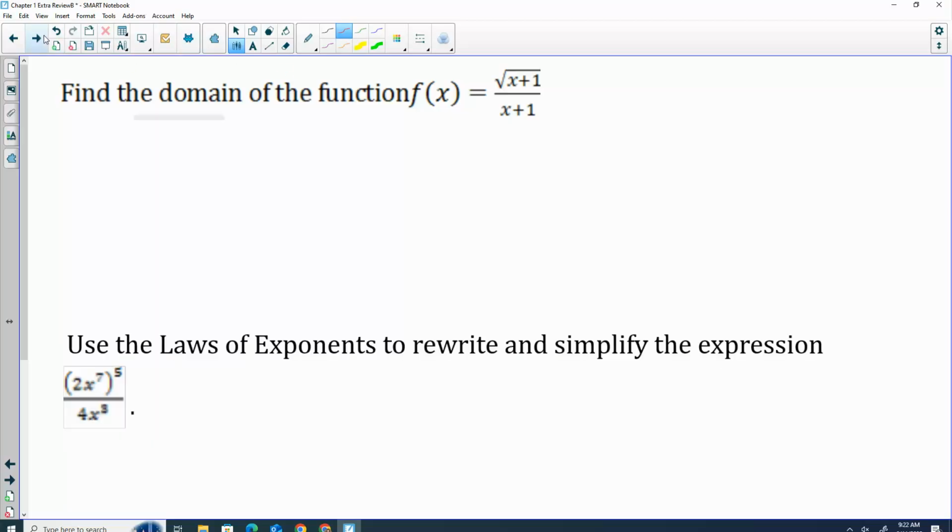All right, domains. We know we have two things going on here today. We have a fraction and we have a radical. So we have to take both into consideration. We know that in a fraction, what can't happen? So I know x can't be -1. If you have a square root, what has to be true?